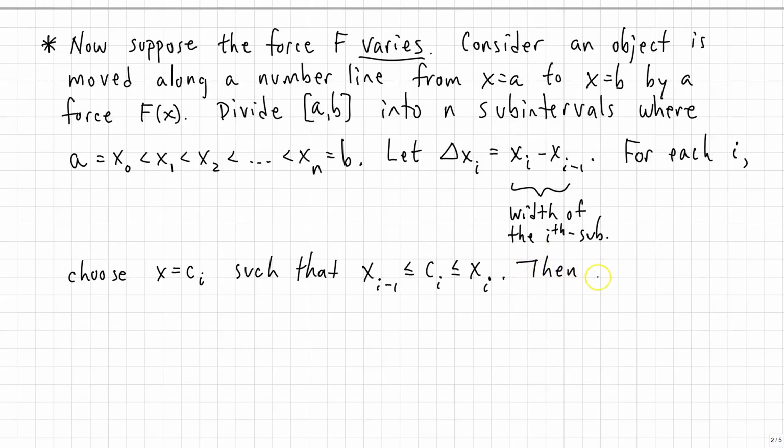Then, at that x value, the force is whatever capital F is evaluated at that x value.